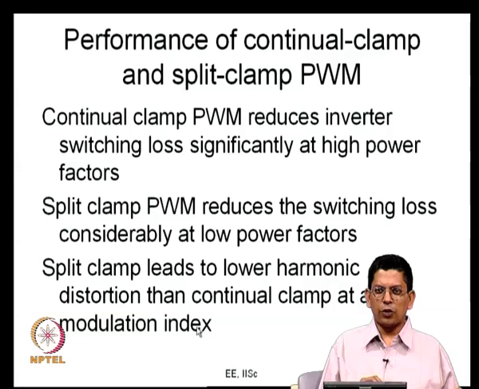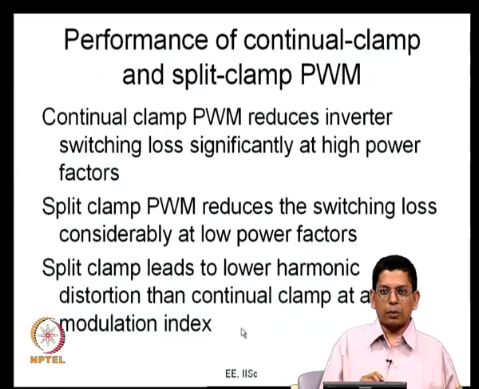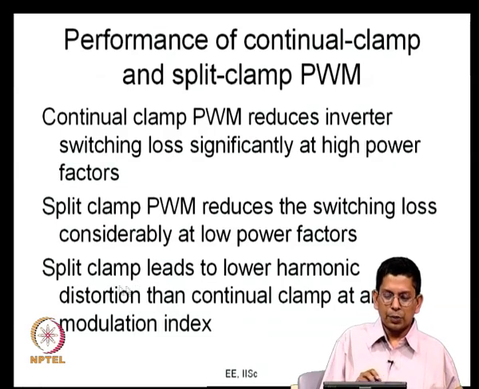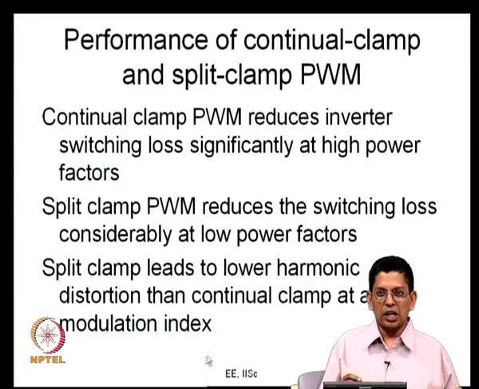You take some value of fundamental voltage like 80% of the 6 step voltage or 70% of the 6 step voltage. You can use split clamp PWM, you can also use continual clamp PWM. What you will find is that split clamp PWM leads to lower harmonic distortion than continual clamp PWM. Again, at this point we do not have the necessary analytical tools in place to understand this particular statement in any greater detail.